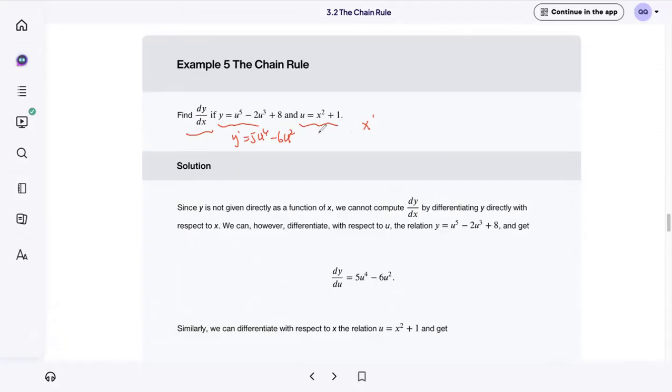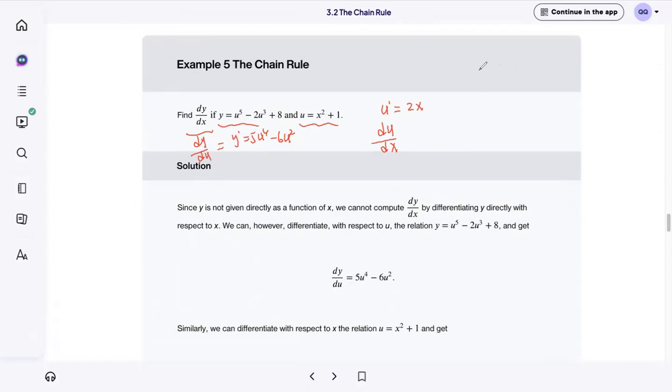This u is defined as x squared plus 1. So in this case, we need to find u prime of x, which is 2x. You could think of this as du dx. So notation-wise, du dx, and this is dy du.